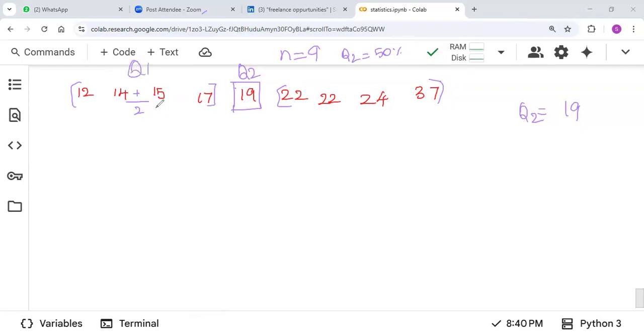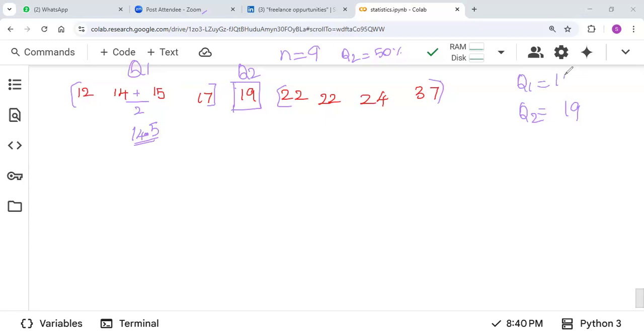Tell me guys, 14 plus 15 divided by 2, what is the answer? 14.5. Yes, exactly, 14.5.